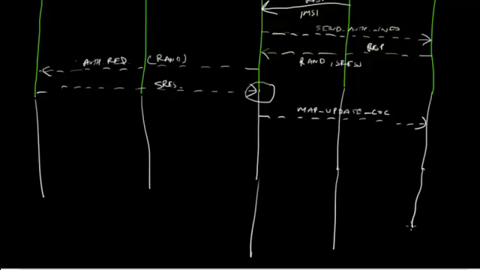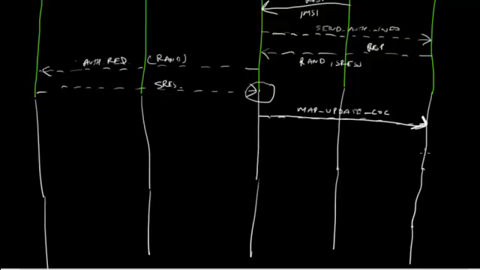So at this point the HLR knows that I have to update my database. This is not a dotted line, this is actually a message which goes. It's not optional, it's a mandatory message.